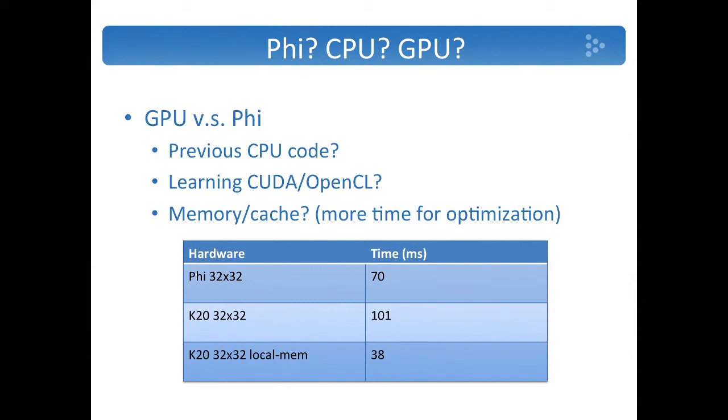Why? Because Xeon Phi has a lot of on-chip memory, 30 megabytes in total, but the K20 has only 2 megabytes. So the Xeon Phi wins in this situation because we don't manage the on-chip memory ourselves. We just use the prefetcher to do it.